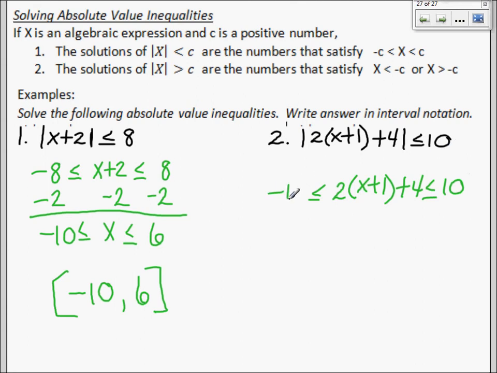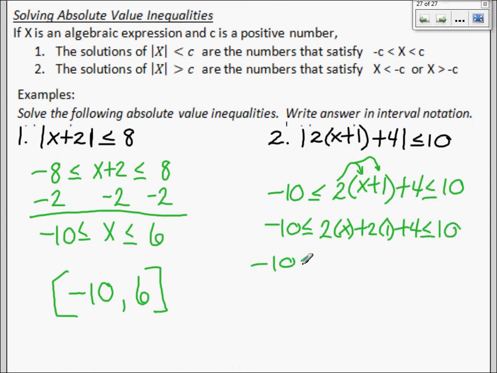And on the left side, let's write our negative version, which is negative 10. First thing I would suggest doing is using the distributive property to distribute this 2 across everything found inside the parentheses. So negative 10 is less than or equal to 2 times x plus 2 times 1 plus 4, which is less than or equal to 10.